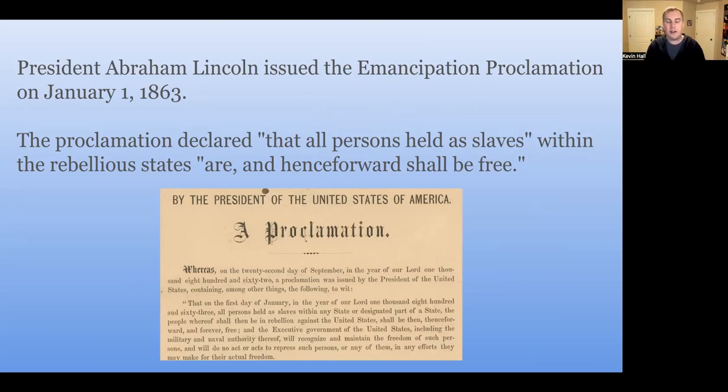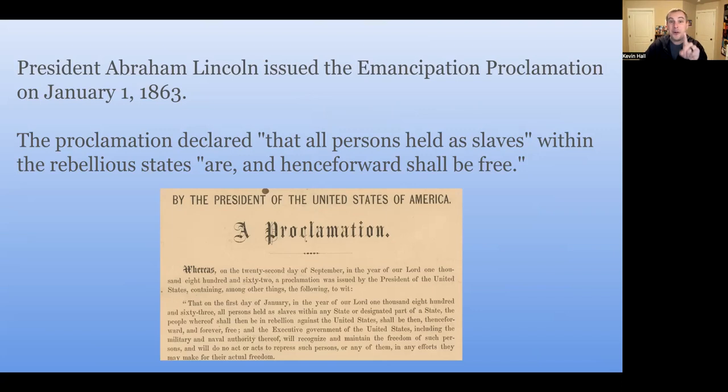But the Declaration, that was a different document. The Emancipation Proclamation basically told the Southern states, we're coming for you. And when we win the battles, we're going to take your property. In other words, we're going to take your enslaved people and we will set them free.